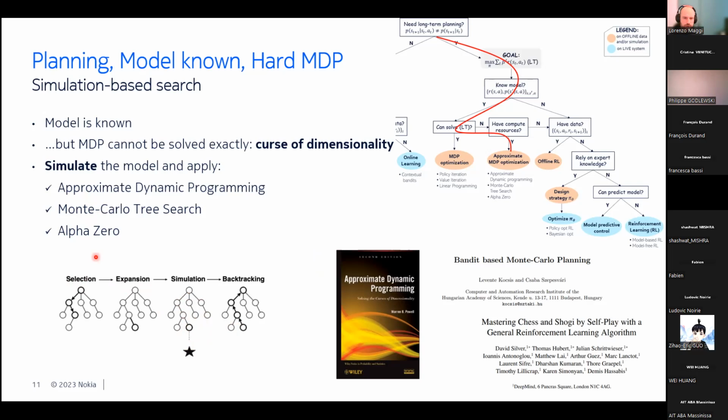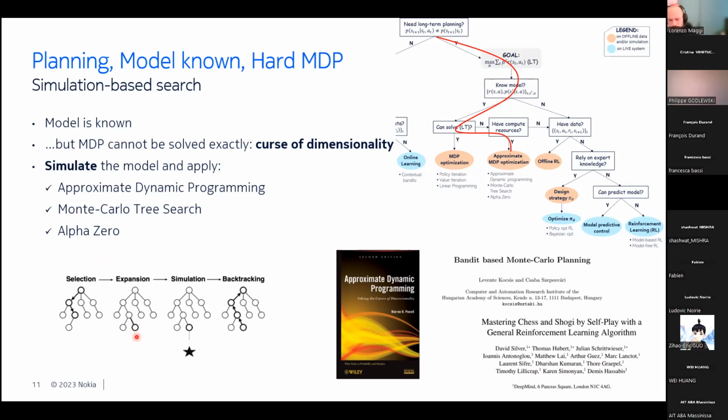And AlphaZero is basically a great improvement upon this, where you basically also add the Q functions, that say basically how well you predict that the game is going to proceed from that point on if you take a certain action.